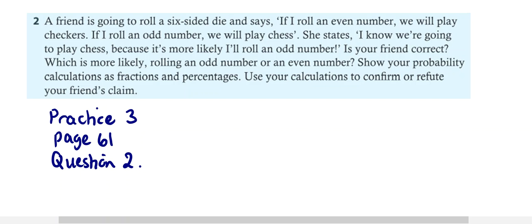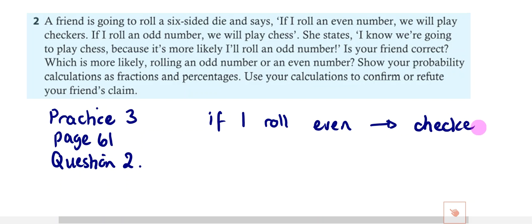Quite a lot to it, so we've got to take it step by step, haven't we? So, a friend is going to roll a 6-sided die and says, if I roll an even number, we will play checkers. Should we just write that down? Or should we do it step by step. If you think it's equal, that's good. Okay, so, if I roll even, we will play checkers. Okay, let's simplify that bit.